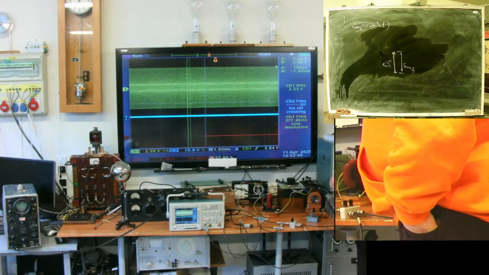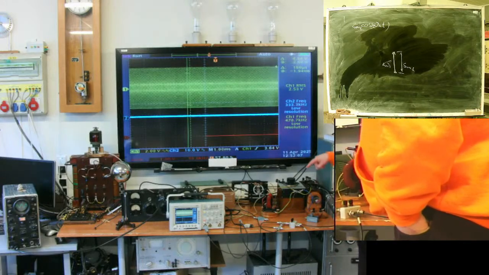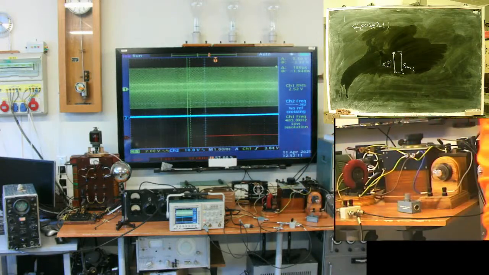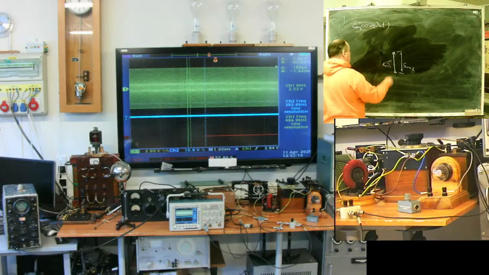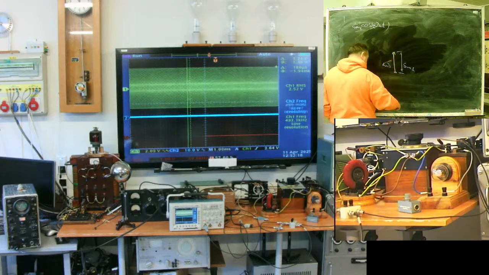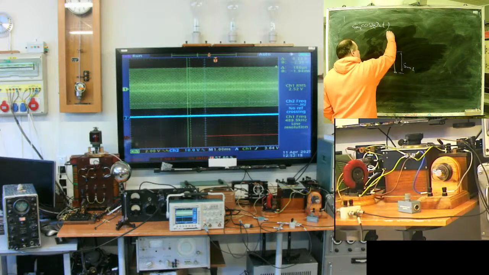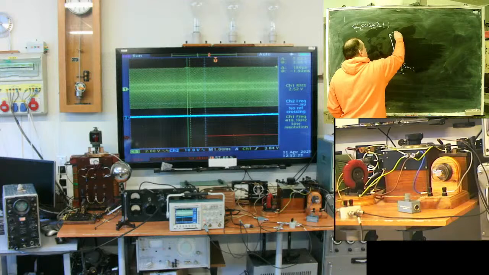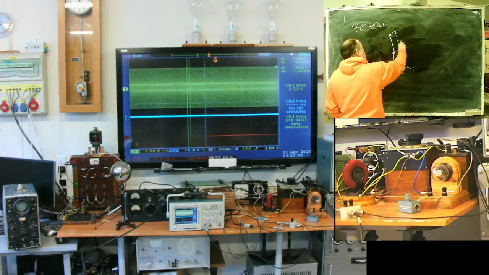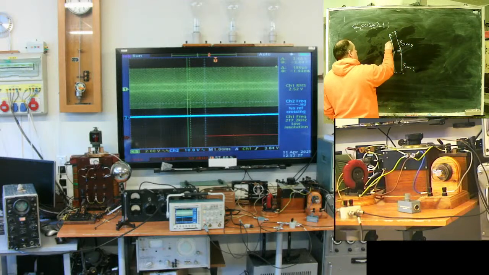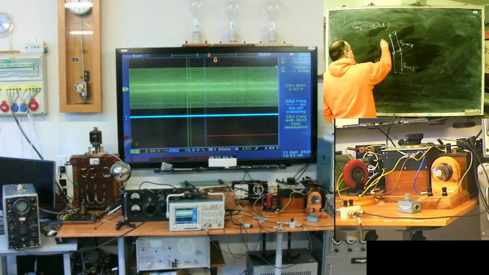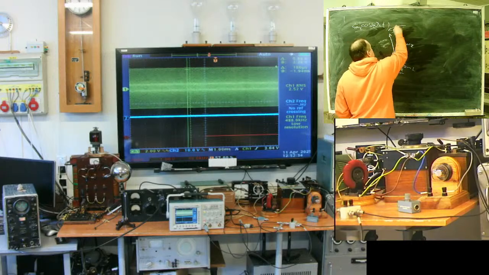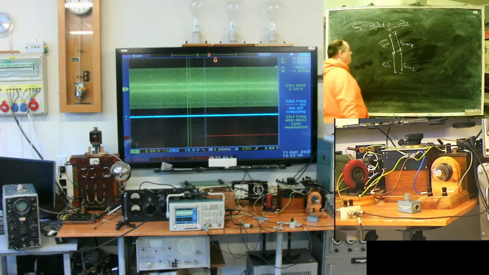I'm adding a second one. The first one is from this circuit. The second one from the black. So this one is yellow. And here is my blue signal. It rotates with the speed omega 2.